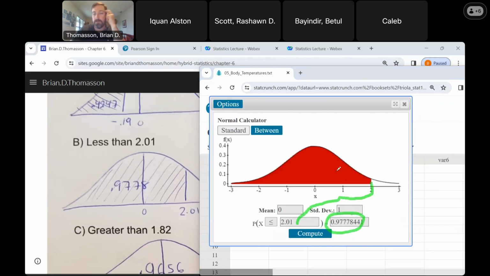For some reason my pen is not working, but okay, we'll just leave it as is. The 9778 is the area of the red region. All right, so that 9778 is that area of the red region. All right, any questions on either one of those?